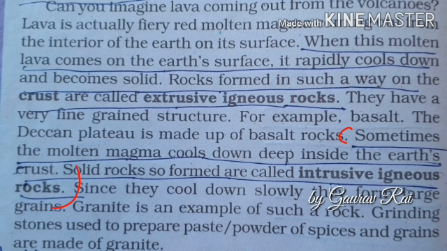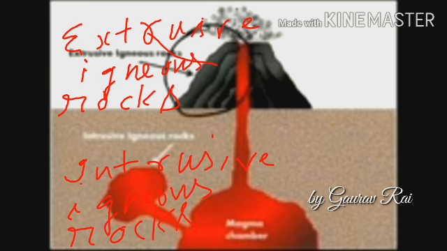Sometimes, when molten magma lava does not come on the surface of the Earth, it cools down deep inside the Earth's crust, and at that time the solid rocks so formed are called intrusive igneous rocks. We will understand it by the figure. In the figure, we will understand it properly.